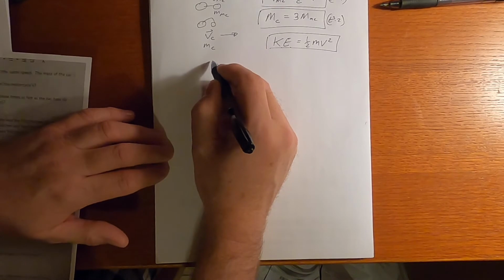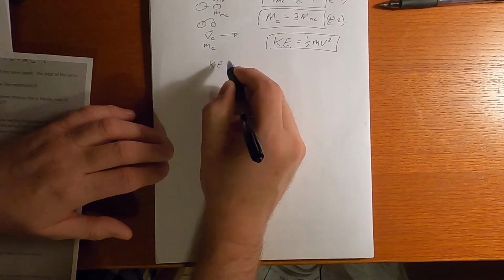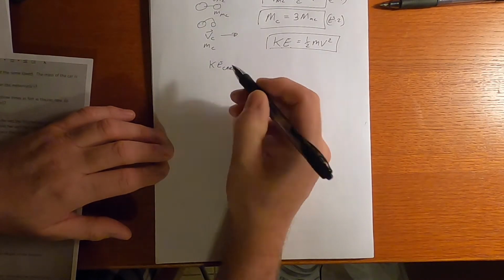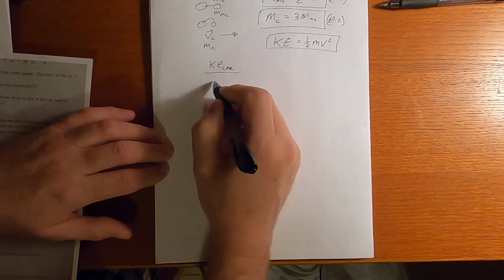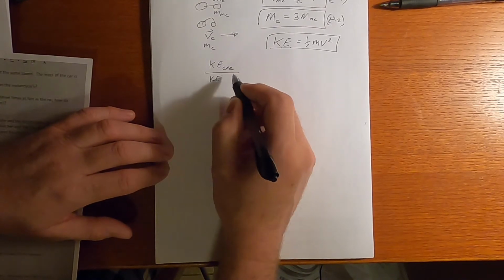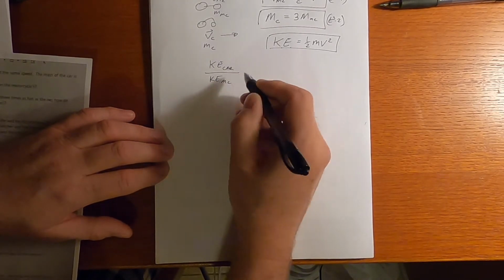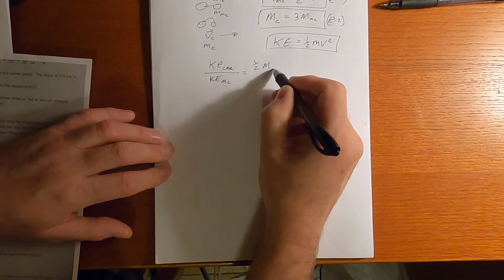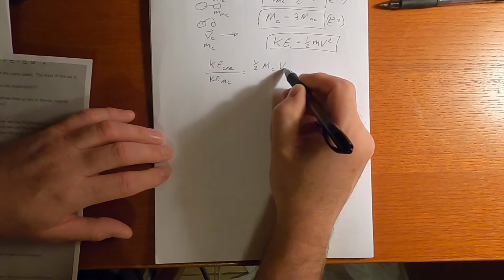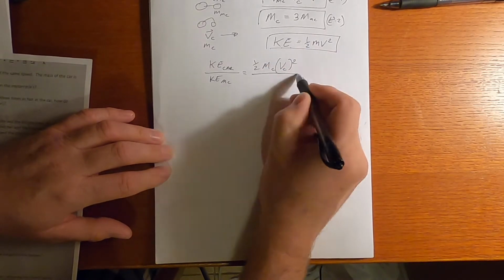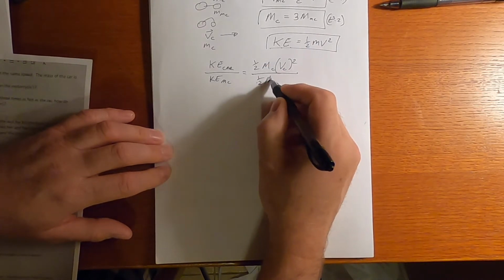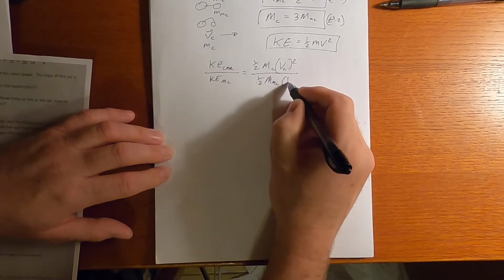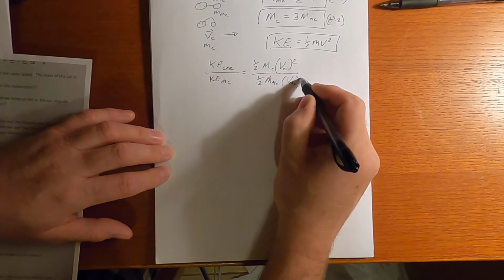So I'm just going to say the kinetic energy of the car over the kinetic energy of the motorcycle equals 1/2 the mass of the car, the velocity of the car squared, over 1/2 the mass of the motorcycle and the velocity of the motorcycle squared.